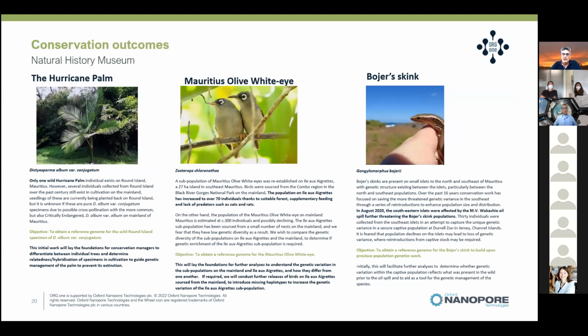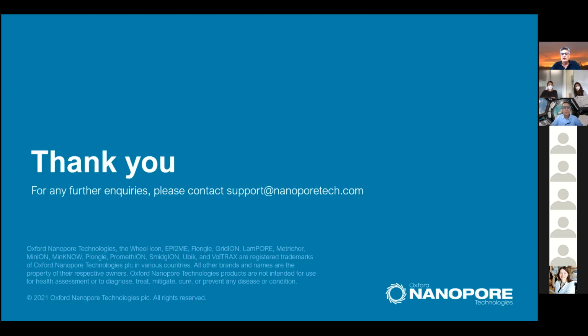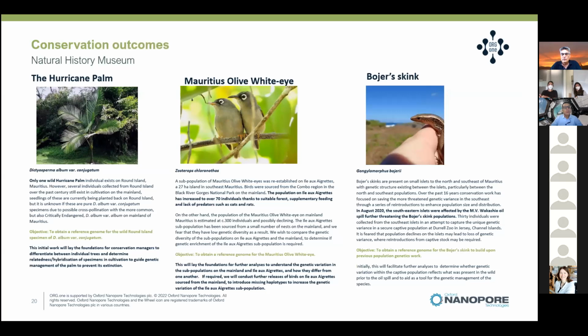Several species as examples that have been done recently: the hurricane palm, the Mauritius olive white-eye, and a Boger's skink. So it's to really help researchers get some valuable genomic information on species that they're interested in that have environmental importance.